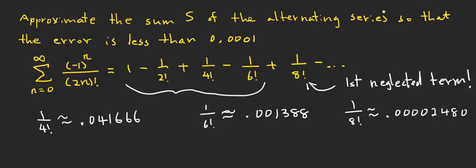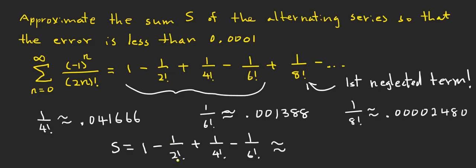So the sum will be 1 minus 1 over 2 factorial plus 1 over 4 factorial minus 1 over 6 factorial, which is approximately 0.540. And of course, you probably have to use your calculator to find this value.